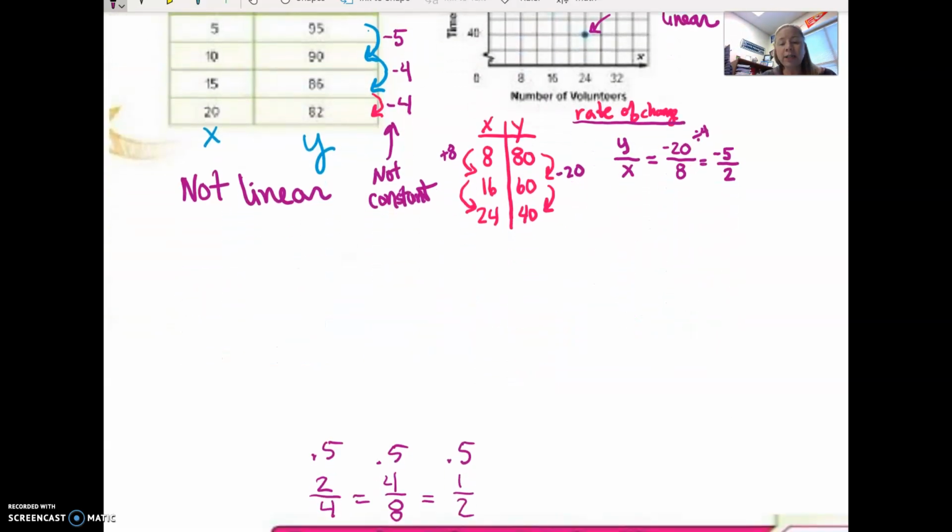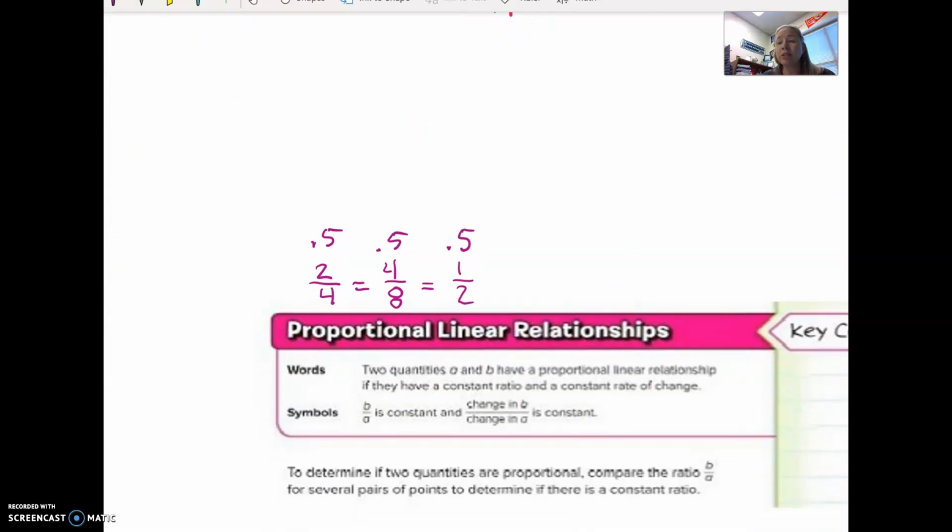The second part today is to look at proportions. And if you remember from previous grades, a proportion means that we have basically two fractions or three fractions or four, whatever, that all equal the same thing. So I've just put an example up here to refresh your memory. So 2/4 equals 4/8 equals 1/2.